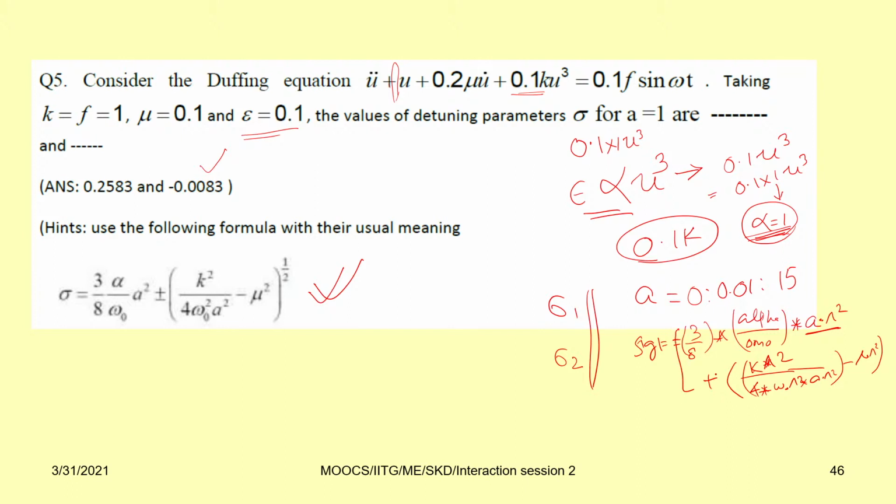Then sigma 2 you get similarly by writing this equation. Then you use the command plot sig 1 comma a, then hold on, plot sig 2 comma a. These two plots will give you this curve.